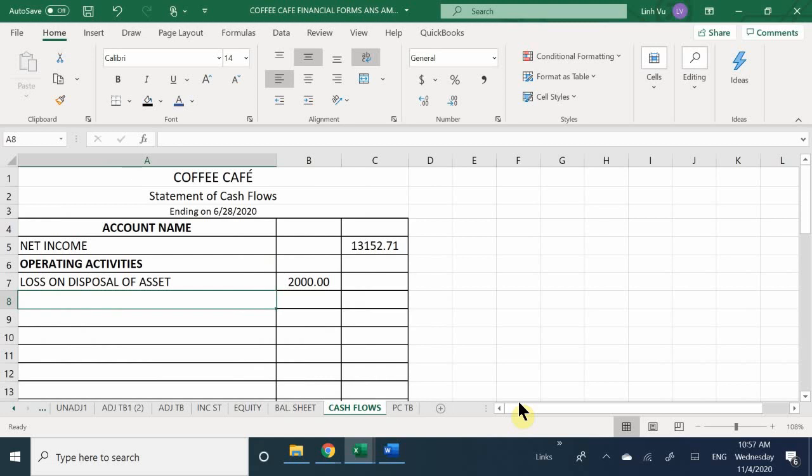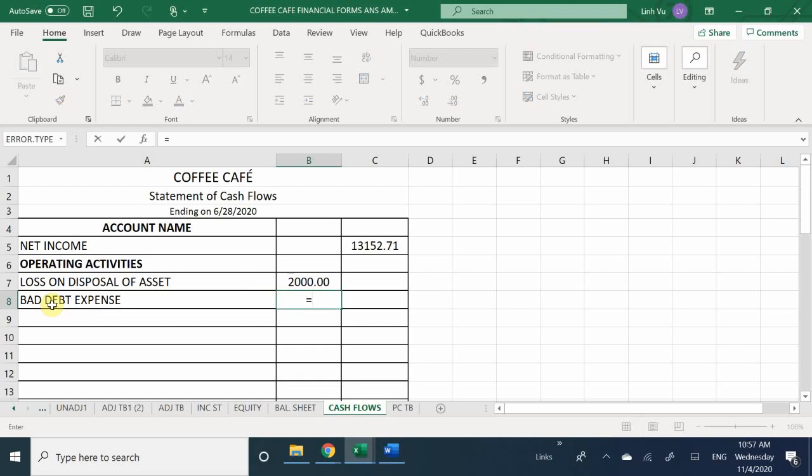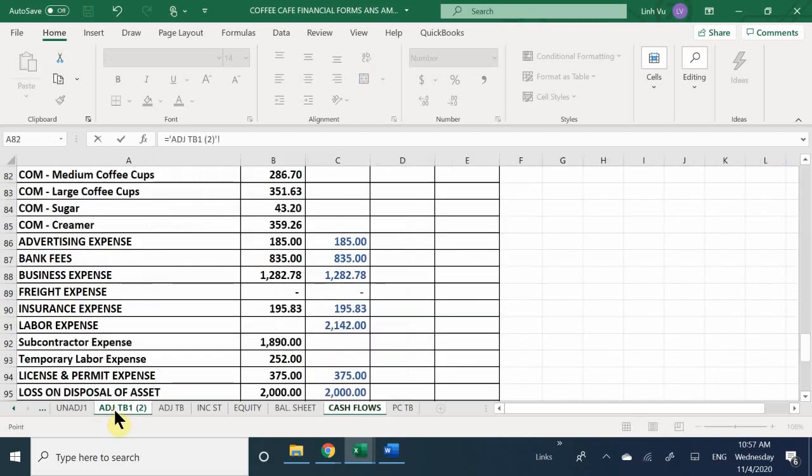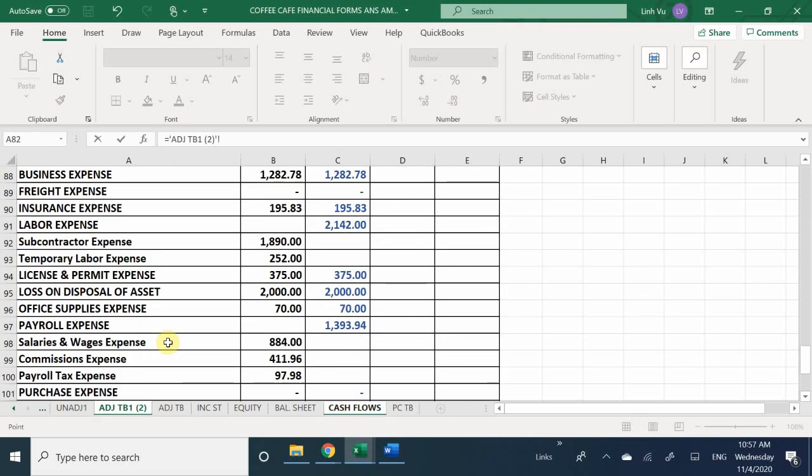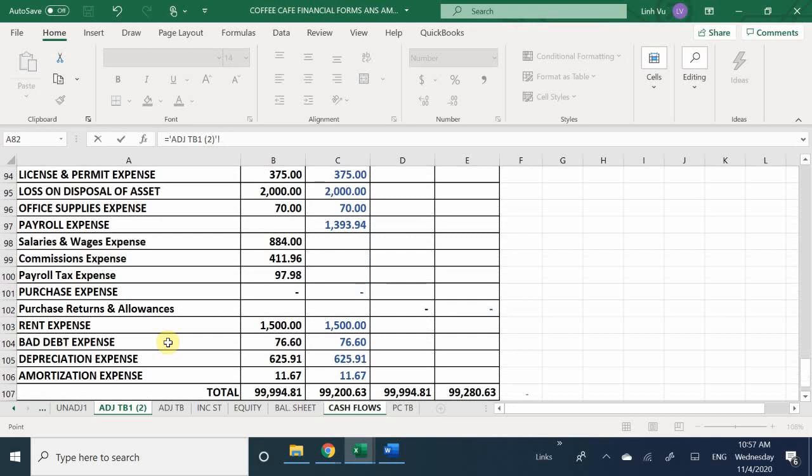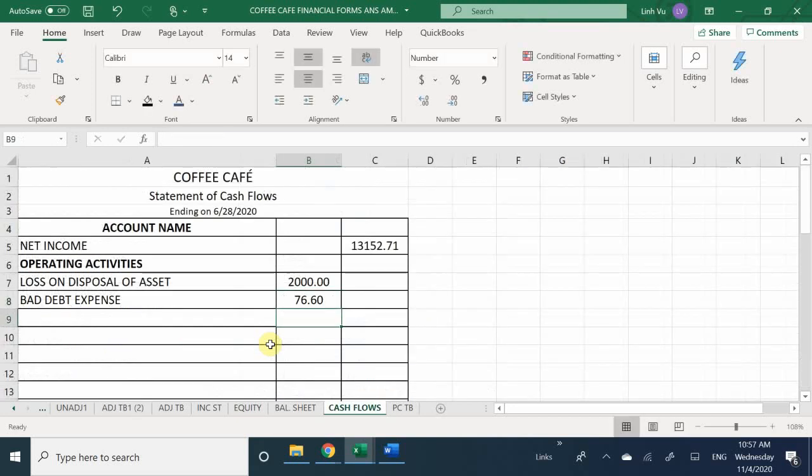You have to add that back in as well because we calculated it as bad debt expense. And what was that bad debt expense for? Bad debt expense. So we're adding that back into our system.